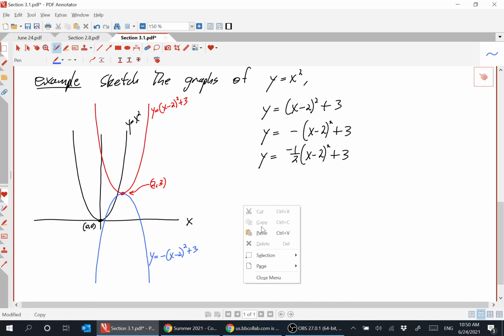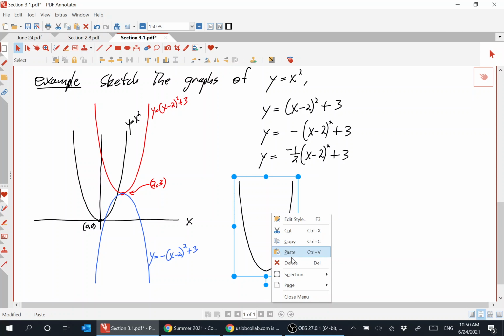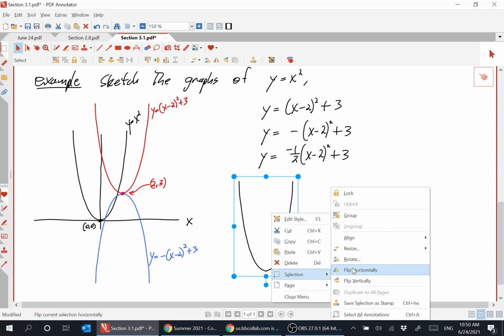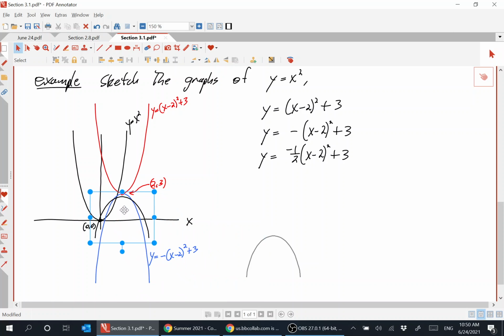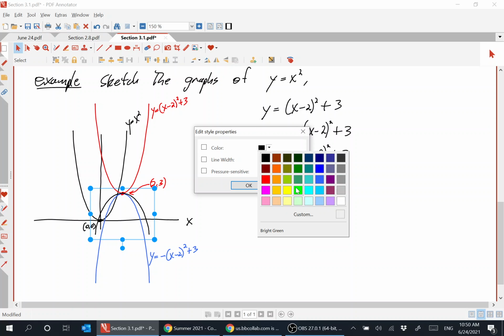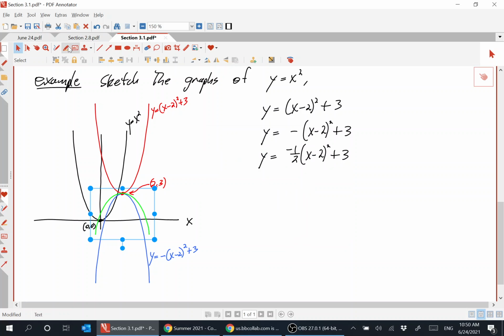So same function back again, and now I'm going to squish it by 1/2. So right about there. And we'll make it green. So that is y equals minus 1/2 (x minus 2) squared plus 3.